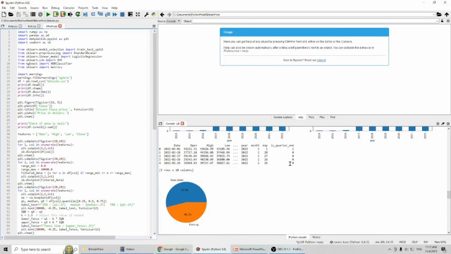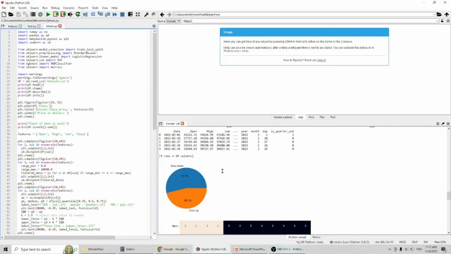Okay, if you check how many days the price went up or went down, around 54% the price goes down, and 46% the price goes up.